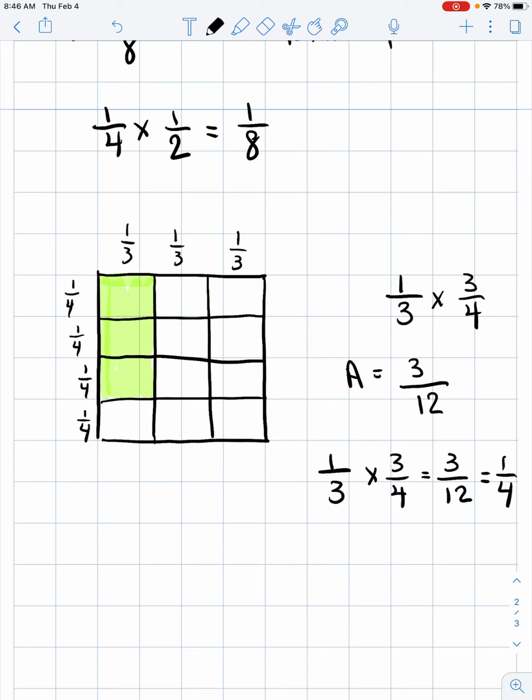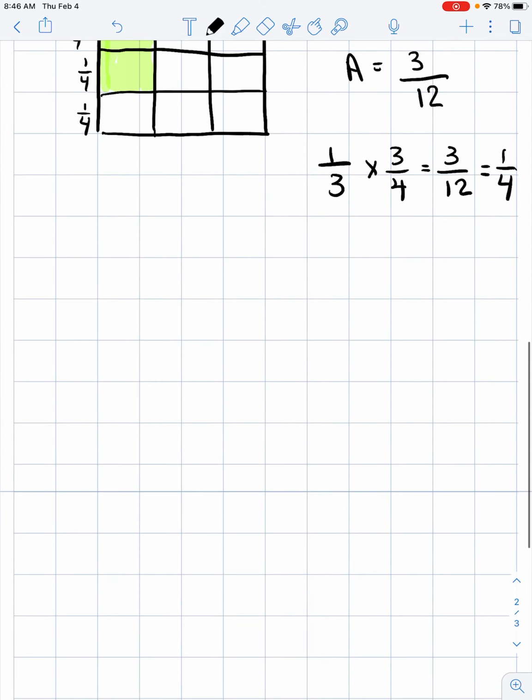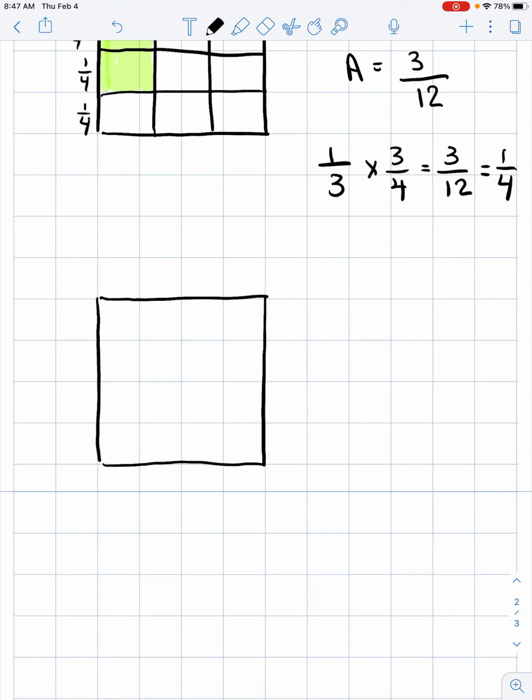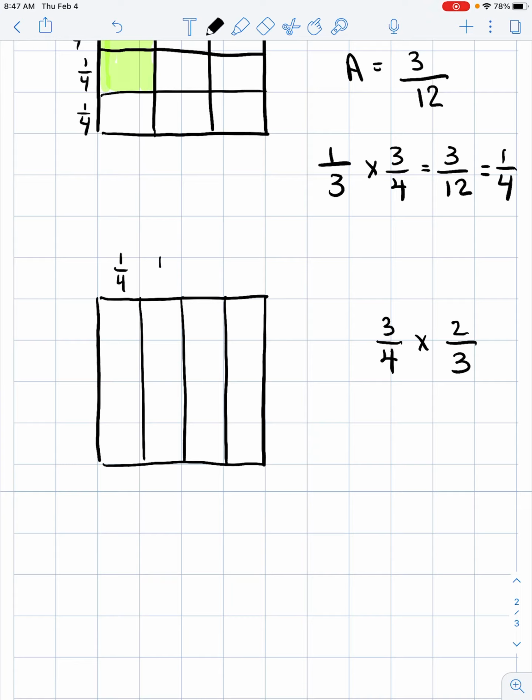Okay, we'll do one more. Another 4 units. In this case, let's do 3/4 across by 2/3 this time. So now we're going to do 4ths across the top. I always like to label.